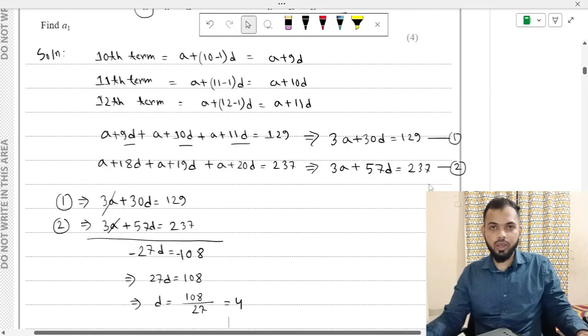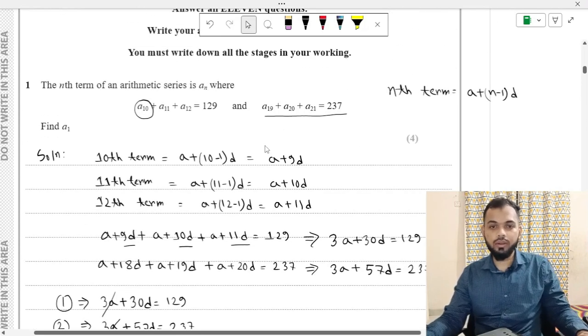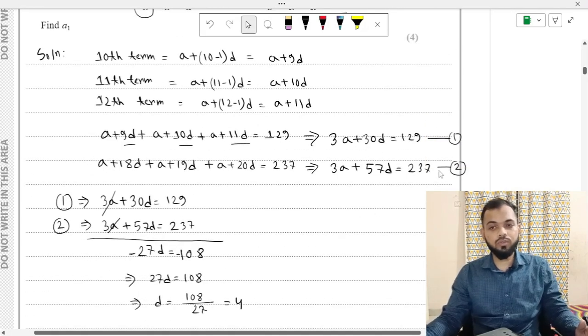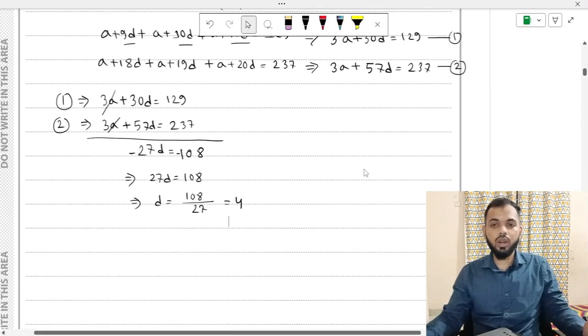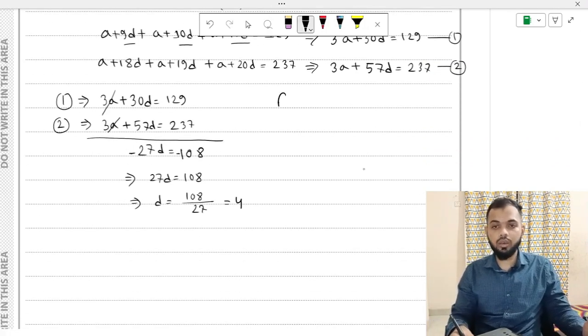So we got the value of d, which is 4, and d is the common difference between the terms of this series. If we replace the value of d in either equation 1 or equation 2, we can find out the value of a. Let's suppose we are going to use equation 1.